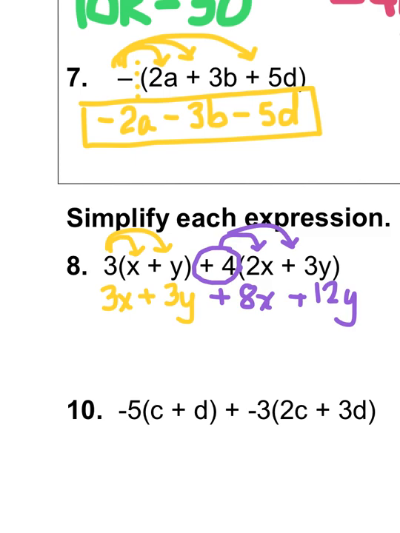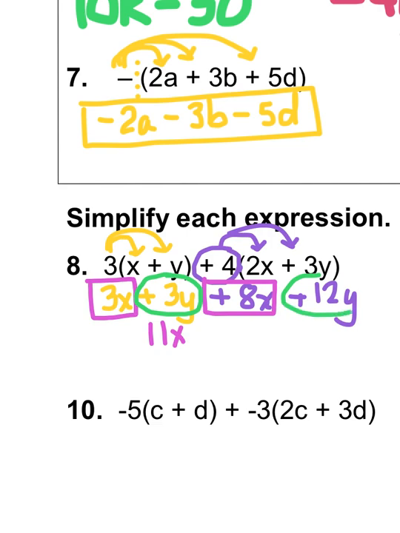Now that we've distributed, we can simplify. What we're looking for is like terms. So the variable must be the same. Do you see any x's that are like this? We see this 8x. I want you to box the sign in front of it. That way you can see that it's 3x plus 8x. That would be 11x. Now let's look at another like term. We have our y's.